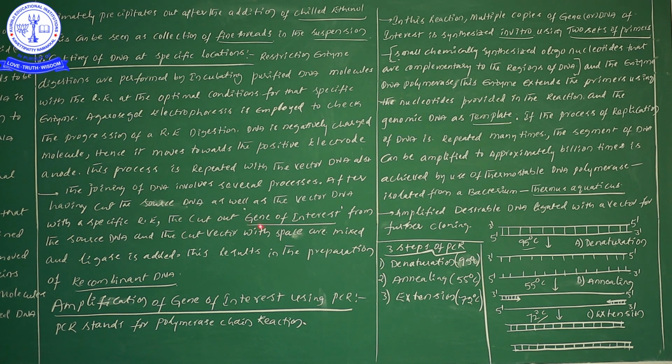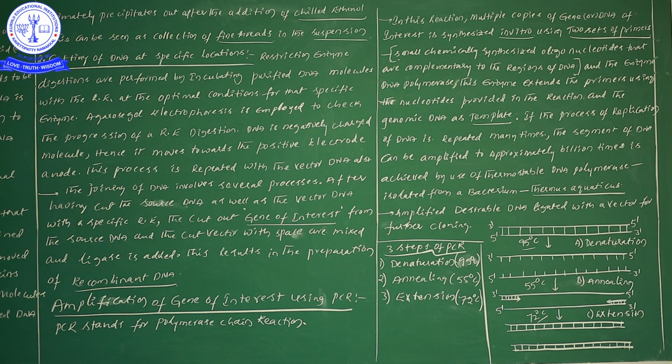Cut out the gene of interest, also called the desirable gene, foreign gene or alien gene; there are four or five names. Gene of interest from the source DNA and the cut vector are mixed, and ligase is added. So by using restriction enzymes, we have to cut both the gene of interest and the plasmid or vector.